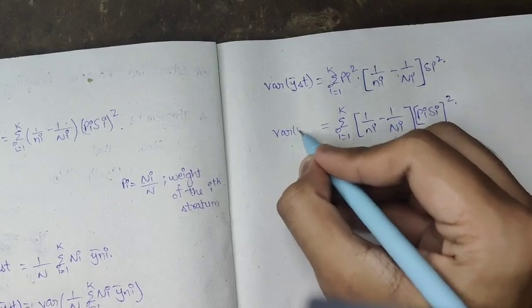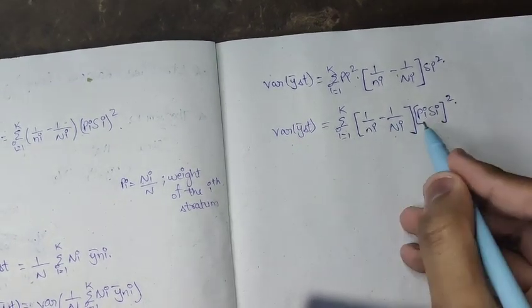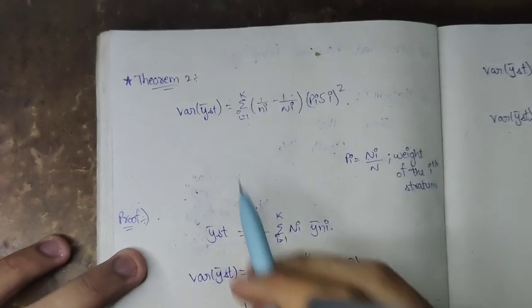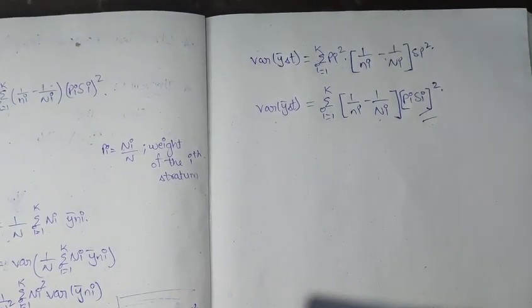This is the variance of ȳ_st that we needed to prove. This is what we were required to prove. That's it.